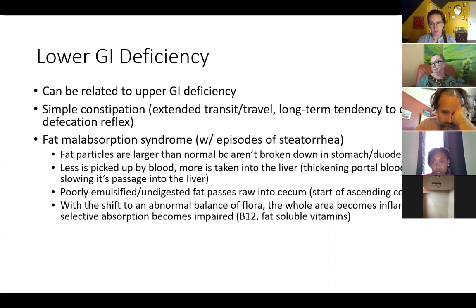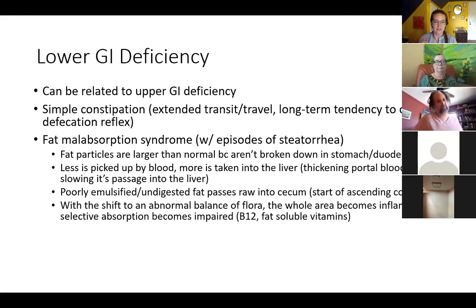And that's the big issue, because if things are too big too late in the game, you're not getting the broken down amino acids like we talked about last class. You're not getting those micronutrients that need to be broken down at that point. And then that's when malnutrition starts, simply because things aren't digesting properly. And then the bacteria becomes imbalanced.